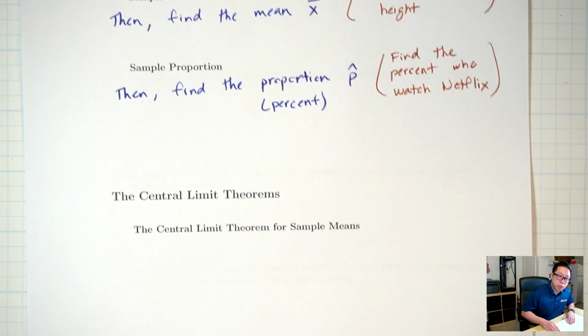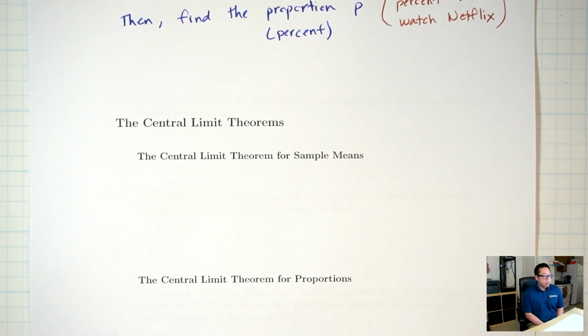Which brings me to the central limit theorem. So the central limit theorem just tells you when you're allowed to use the normal distribution.